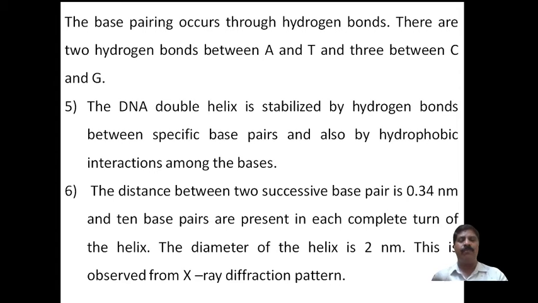Like a wire or thread has some distance, one rotation, one turn, one round contains 10 base pairs. The diameter of the helix is about 2 nanometer. This is observed from the X-ray diffraction pattern.